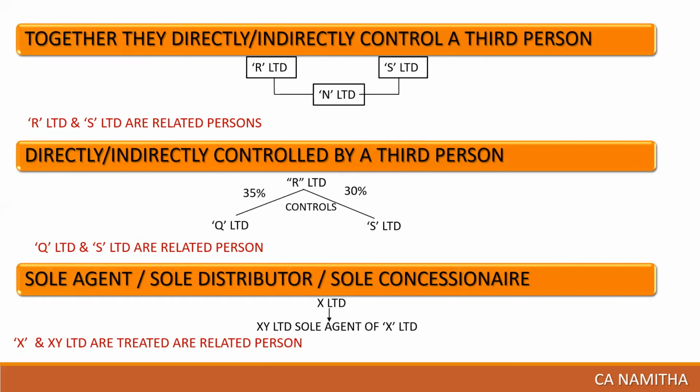Coming to the next point, that is sole agent, sole distributor, or sole concessionaire. For example, if XY Limited is the sole agent of X Limited, then it implies X and XY Limited are treated as related persons.